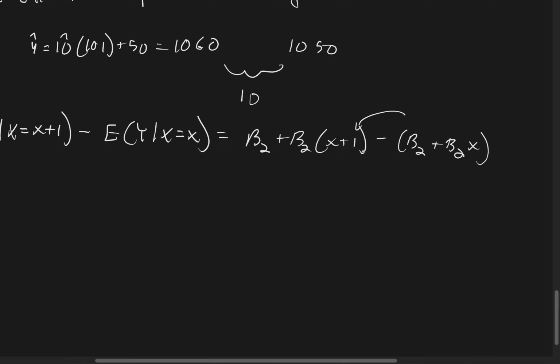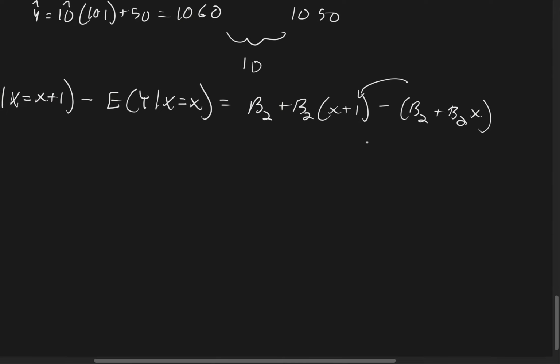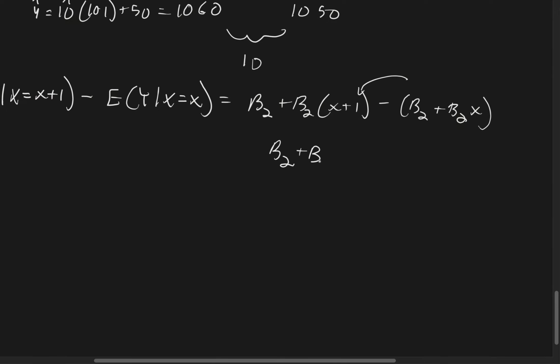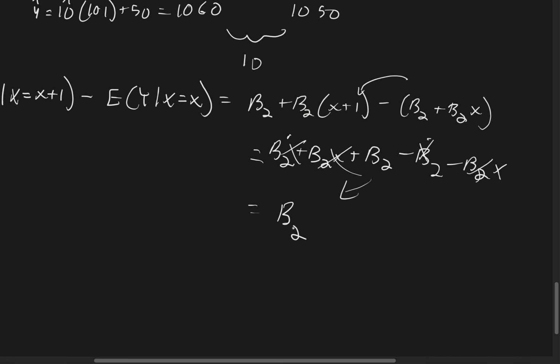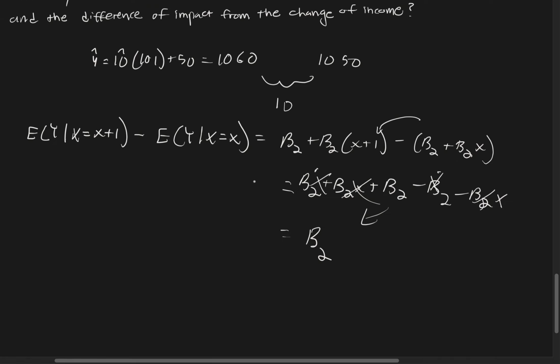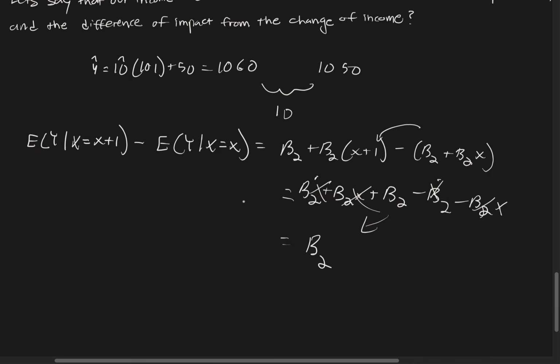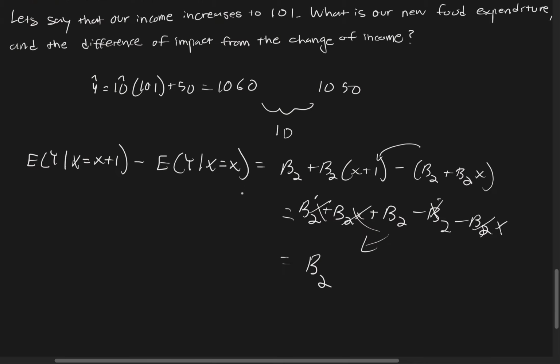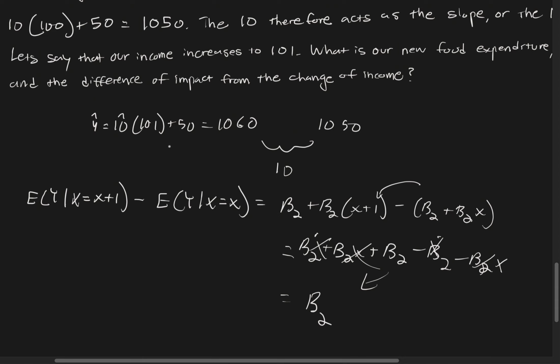Notice that the only difference is x plus 1 compared to x. If we expand that equation, we get plus beta 2 minus beta 2, and then minus beta 2x. If we cross this off, we only get a result of beta 2. So again, mathematically, we're demonstrating that an increase of 1 unit of x will cause a 10 unit increase of y.